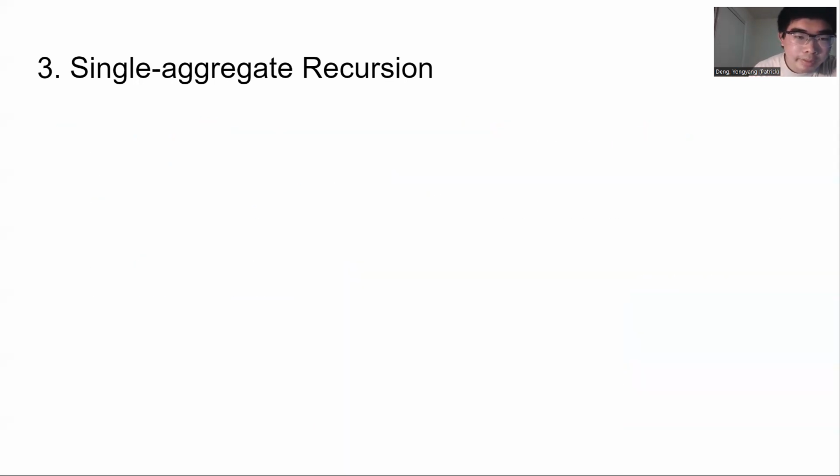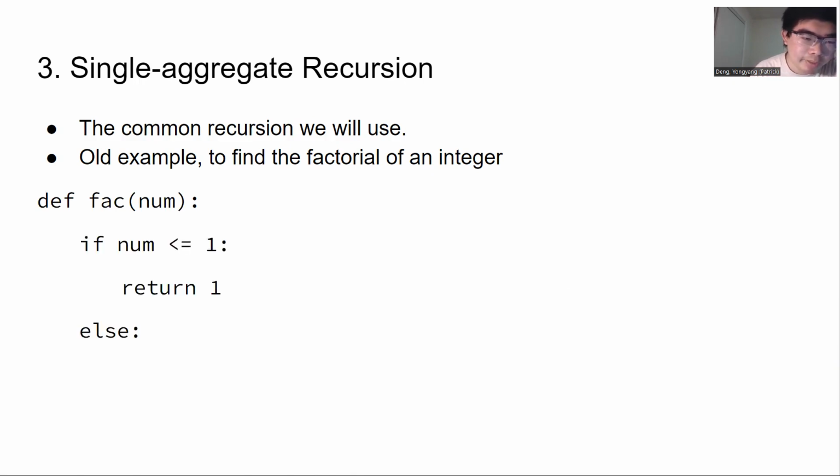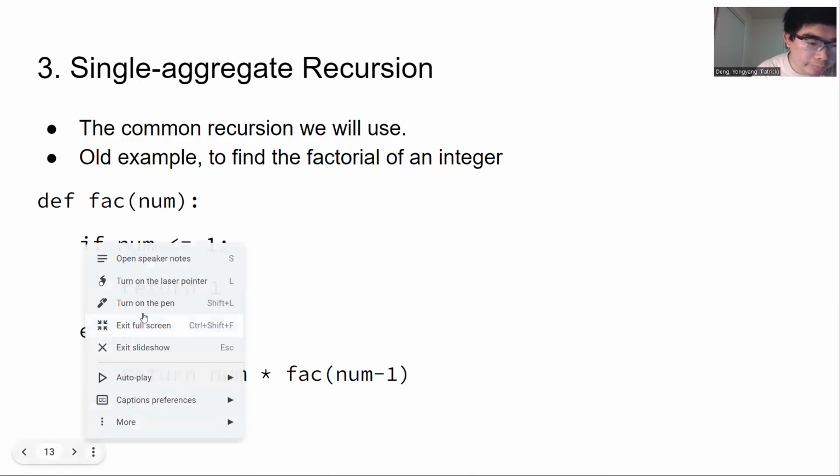Okay, and single aggregate recursion is the common recursion we will use for this lecture. And then we have the old example to find the factorial of an integer. So we have factorial of number, and if number is less than or equal to 1, it will return 1, or else we return number times factorial of number minus 1. We do the aggregation.